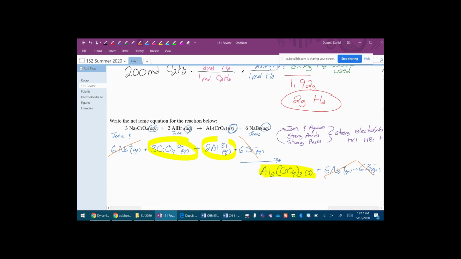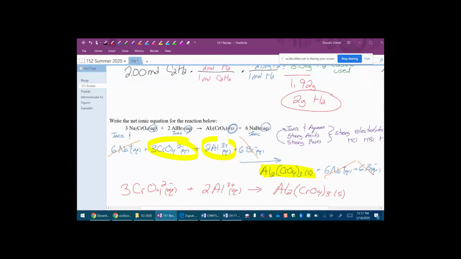All right, so my net ionic equation would be 3 CrO4 2 minus aqueous plus 2 aluminum, giving us our solid product of aluminum chromate.